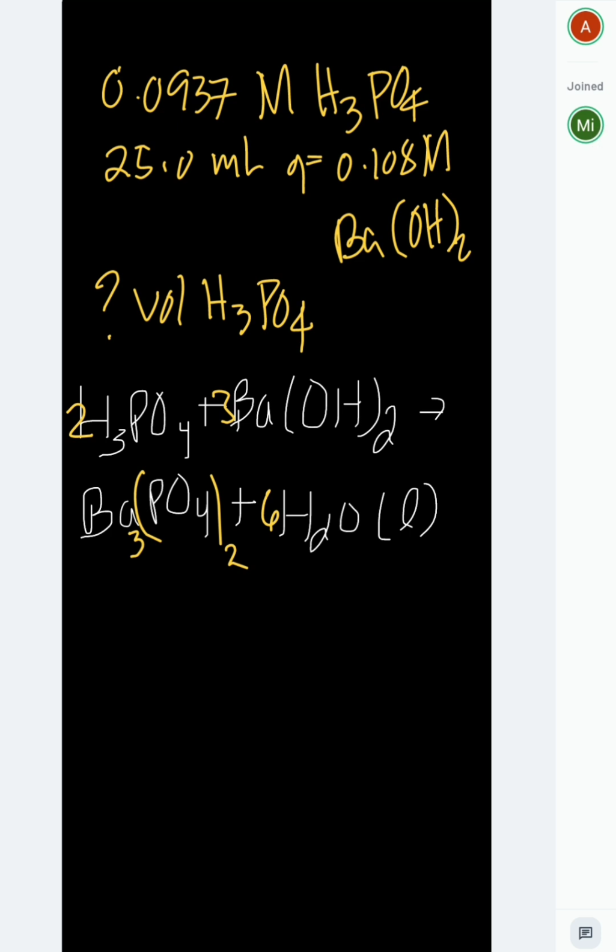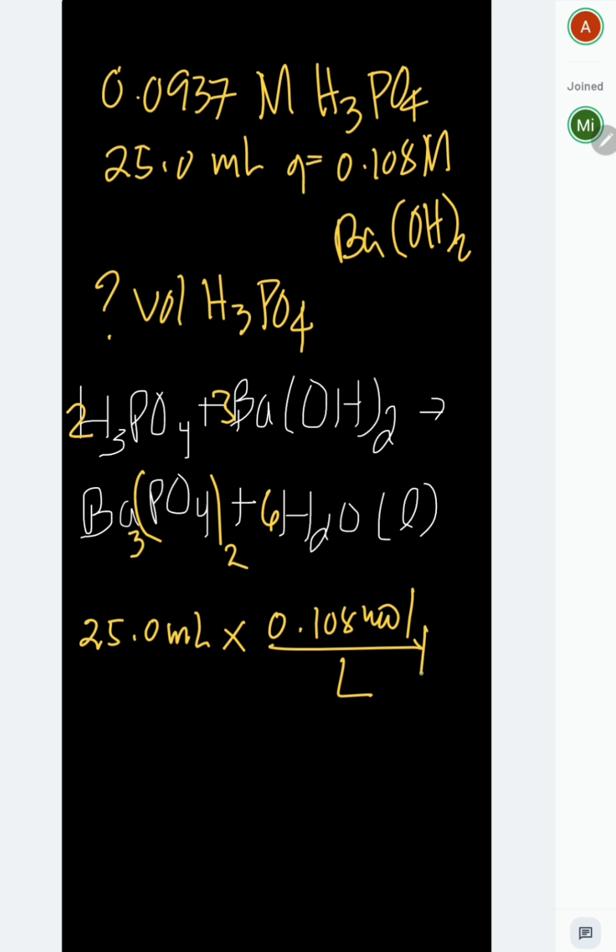Then we get the number of moles of barium hydroxide from the molarity. So 25 ml times 0.108 mole per liter barium hydroxide. Since it's mole per liter, you convert this to 1000 milliliters.